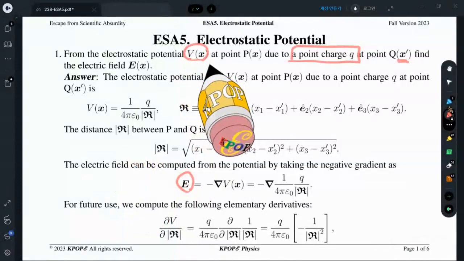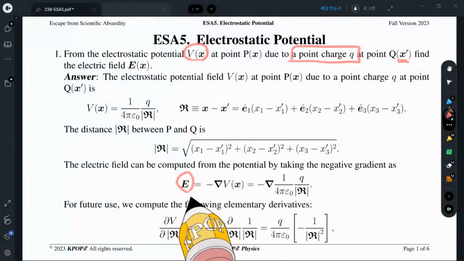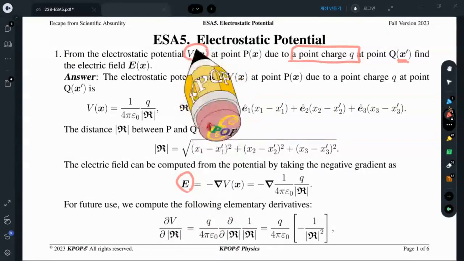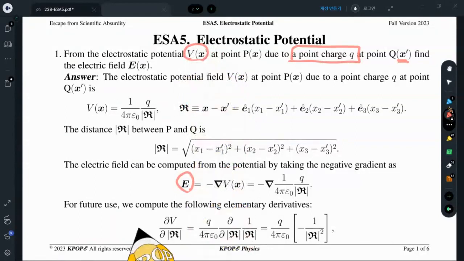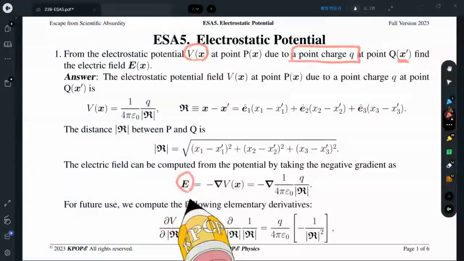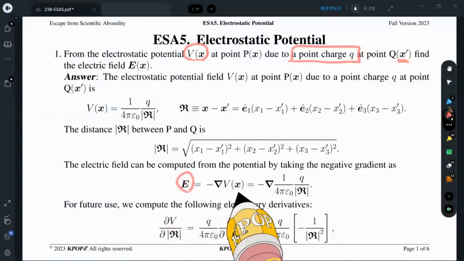A scalar has a single component and a vector has three components. That's the reason why we prefer the potential to the electric field. At the end of the day, we will take the minus gradient to find the electric field out of the potential.